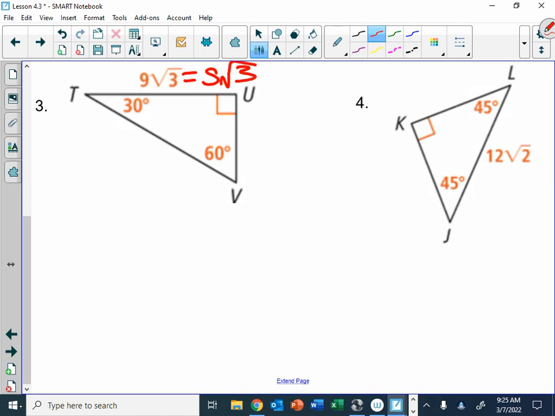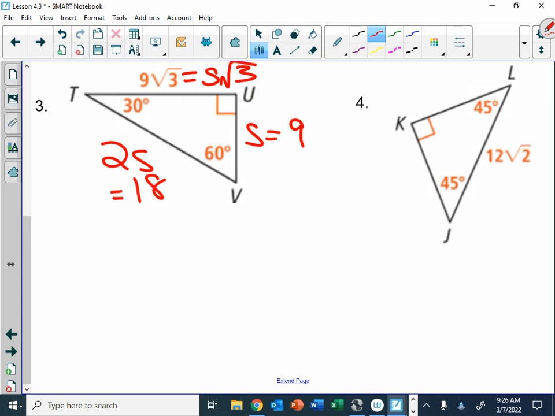Name the side that is S. UV, the side across from the 30 degree angle. And that means my hypotenuse is 2S. If this is S square root of 3, what does that make S? 9. Good. And then 2S, so 2 times 9 is what?